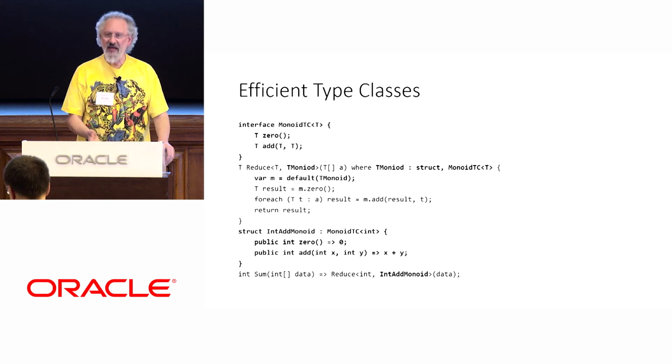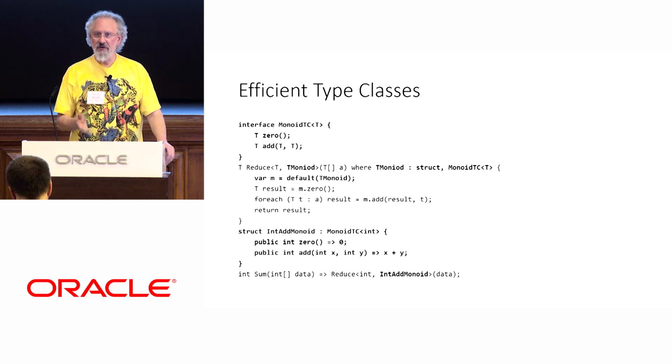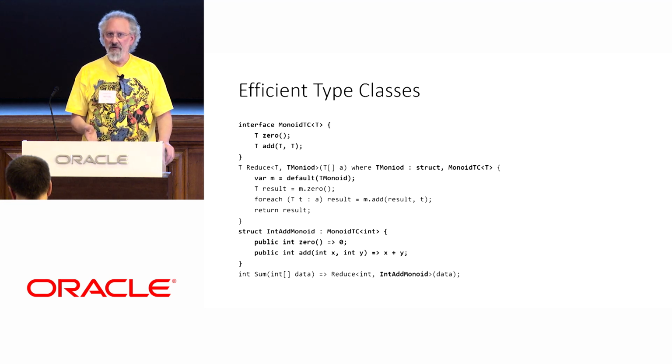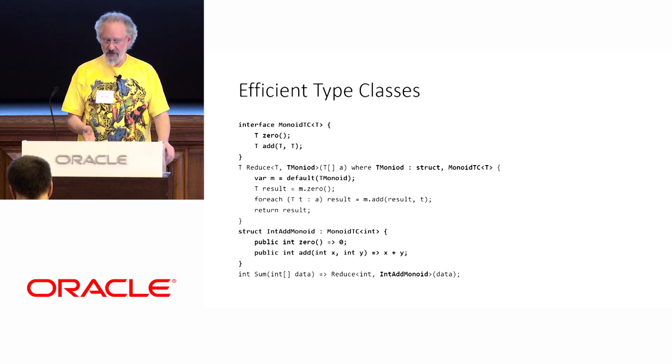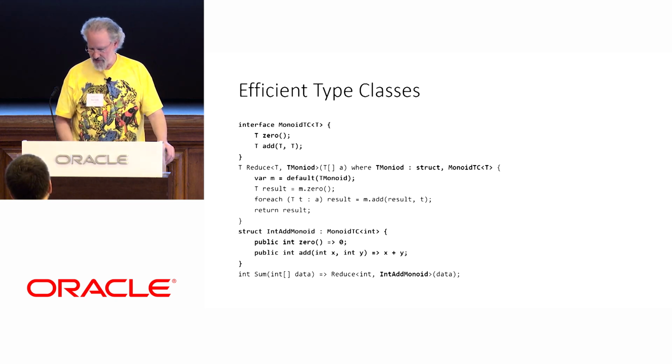The implementation of m.0, that's an interface call, but the runtime knows exactly what the implementation of that is. So the runtime can simply inline the implementation and pass 0. Similarly, add, the runtime knows exactly what that is. It's the add operation on int add monoid. So it can inline that to a simple integer addition operation.